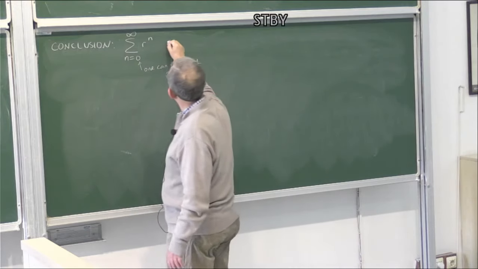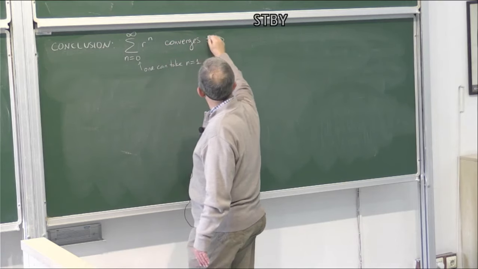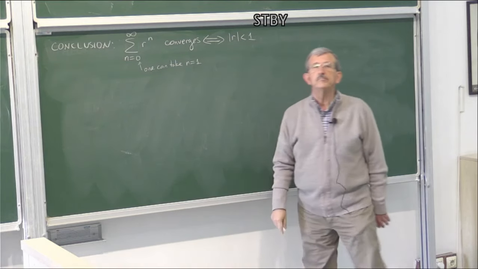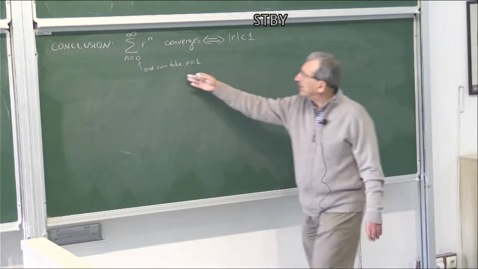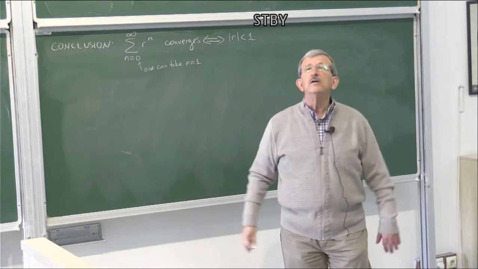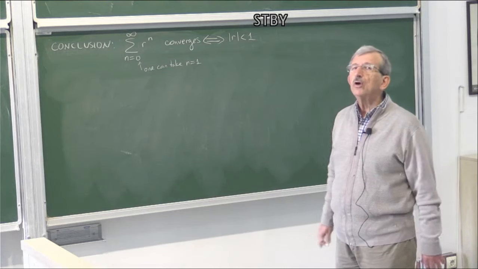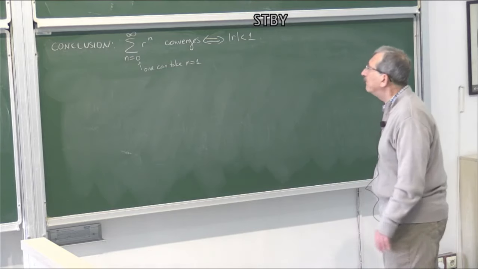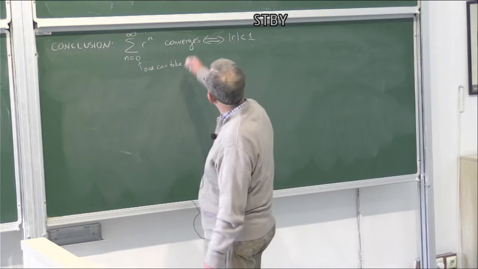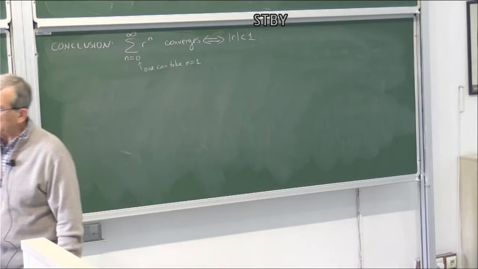This converges if and only if absolute r is less than 1. Because this only means that you don't take the first term, but it doesn't affect the limit. The limit is something about what happens when n goes to infinity. So geometric series convergence is characterized by absolute r being less than 1.